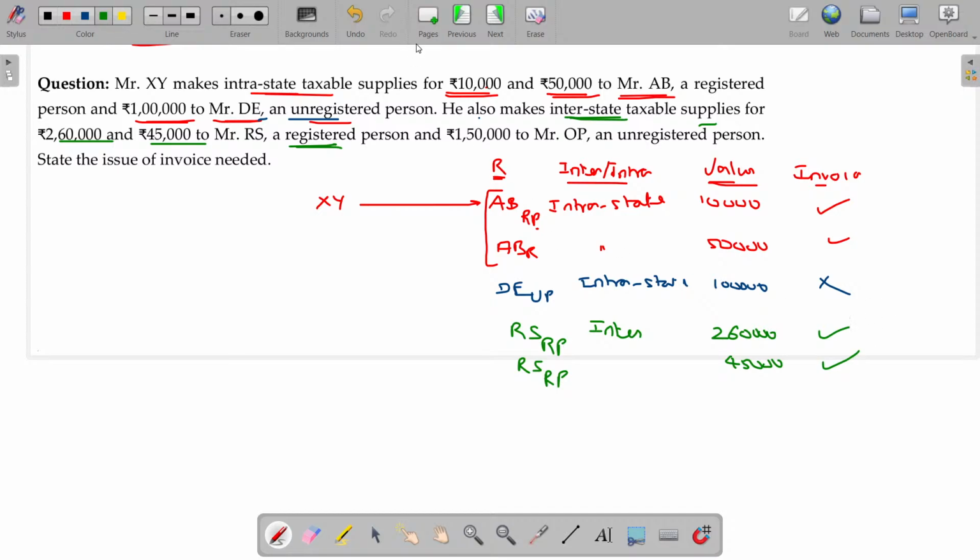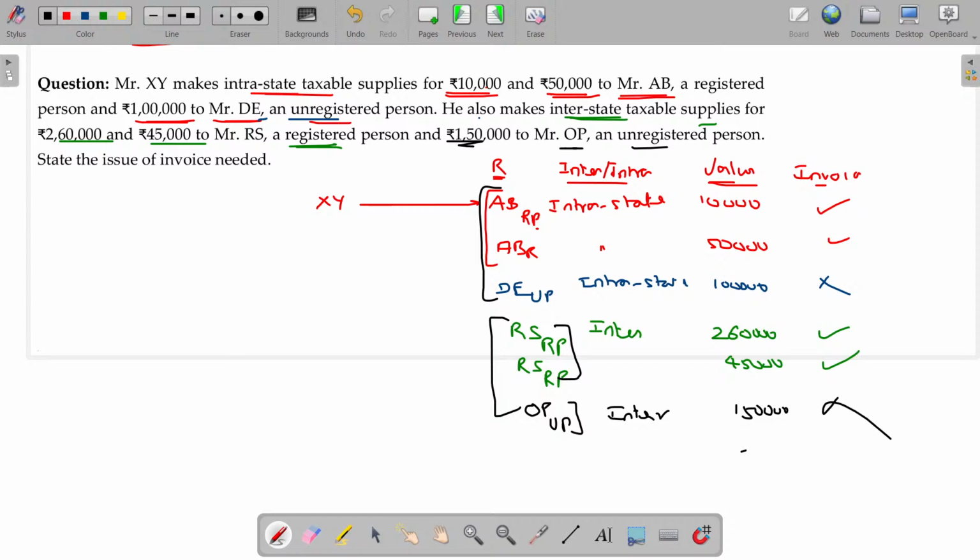No other way to escape. And 1,50,000 to OP, an unregistered person, which is B2C. These three are interstate, these three are intrastate. These two are registered persons, this one is an unregistered person. In case of interstate, the 2.5 lakhs condition is there. As the condition is not fulfilled, the invoice is not required to be uploaded. Clear?